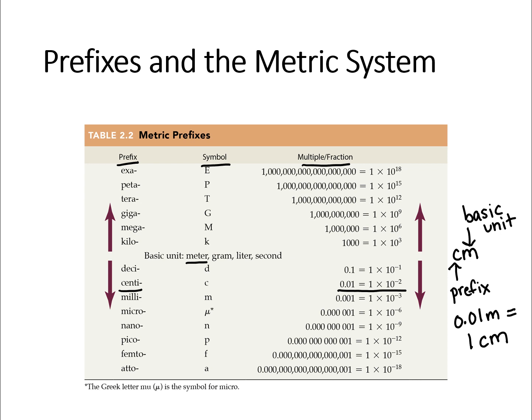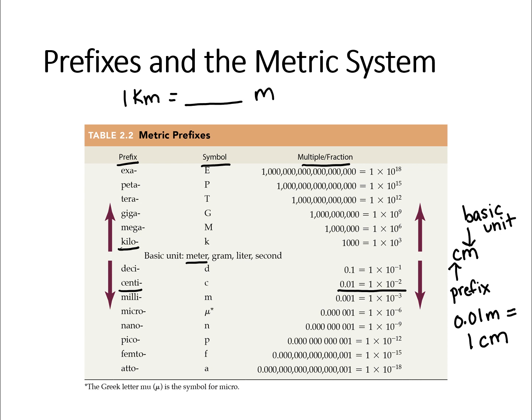So if I were to say, let's look at kilo, and I had a kilometer, how many meters would I have? Because kilo is one that increases the value of that meter. So looking at the chart, how many meters would I have?